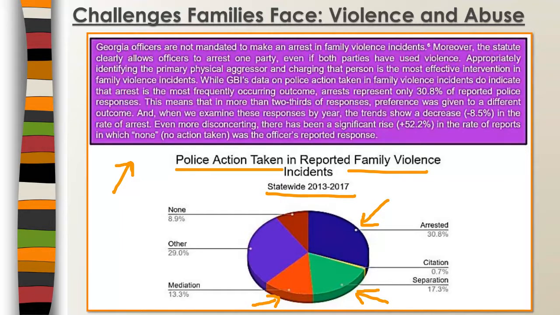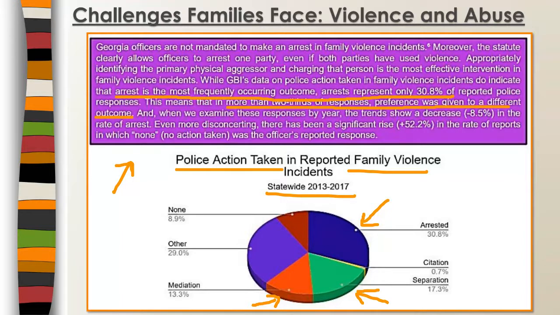While GBI's data on police action taken in family violence incidents do indicate that arrest is the most frequently occurring outcome, arrests represent only 30.8% of reported police responses. This means that in more than 2/3 of responses, preference was given to a different outcome.